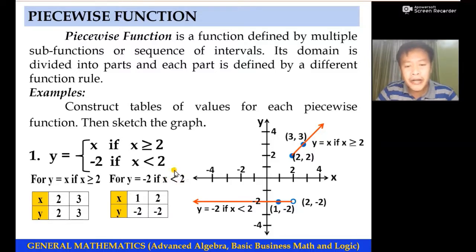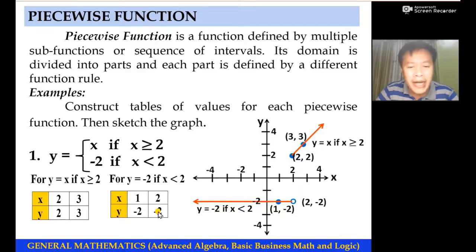But take note, we are going to assign x which is equal to 2, and we will just only put the open circle here. This indicates that 2 and negative 2 is not a part of this line, and this is a half line. Take note, since that this is a constant function, whatever the value of x is being assigned to it, our value of y remains constant at negative 2.